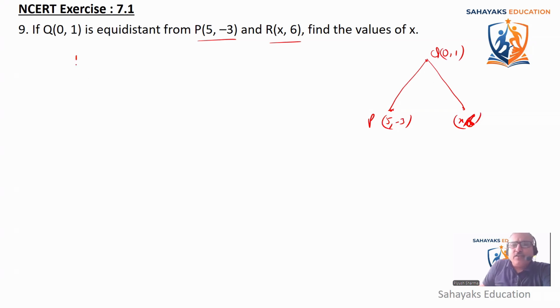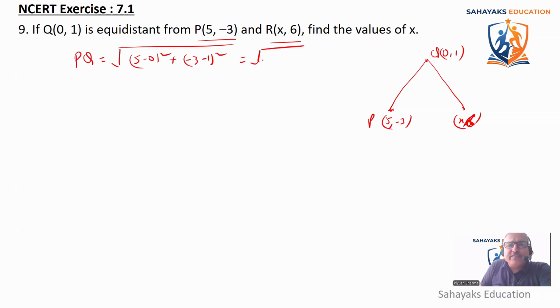Okay, so let's find the value of PQ. Again, using the distance formula, 5 minus 0 whole square plus minus 3 minus 1 whole square. So it comes out to be square root of 25 plus minus 4 squared is 16.